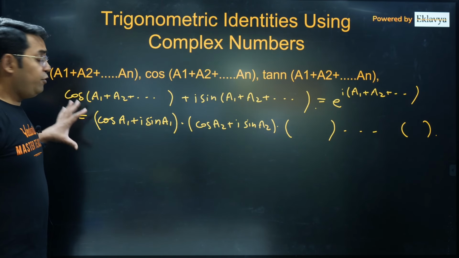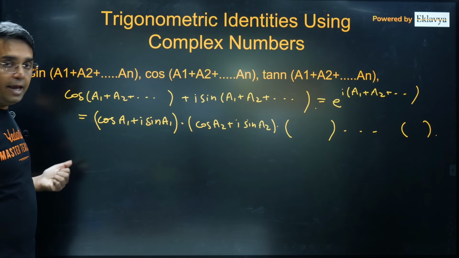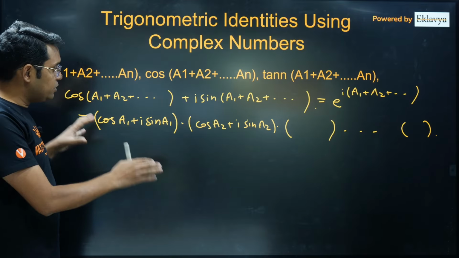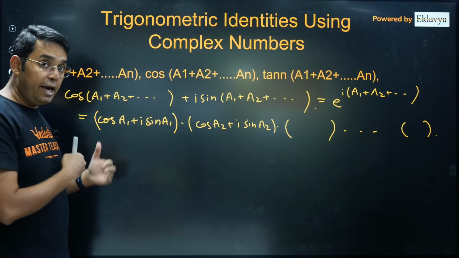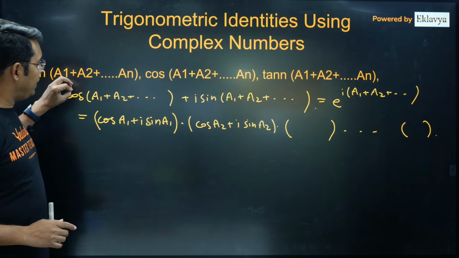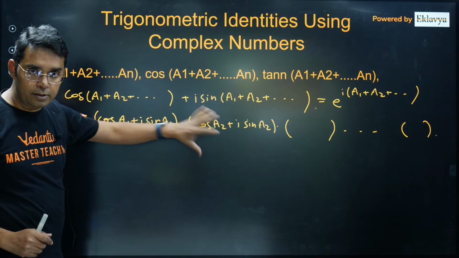Now if you have to write it in general for any n, it may be difficult to write, because you may not write it explicitly. I will say not difficult, but writing it explicitly will be difficult. Try to understand the pattern. For the real part, that is cos of A1 plus A2 plus A3, you will need all the real parts here.